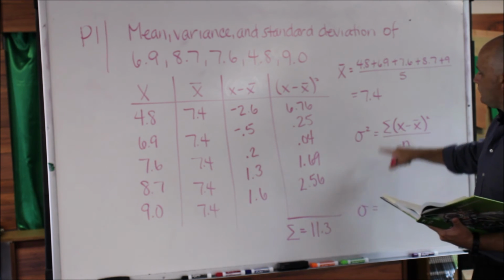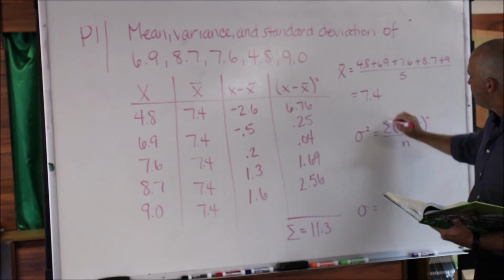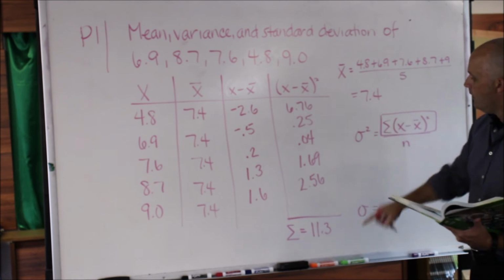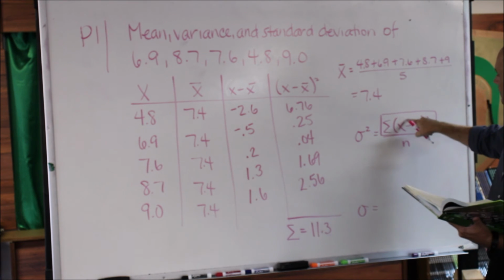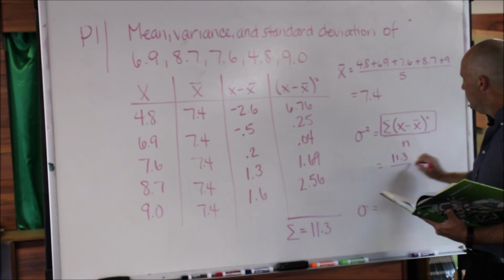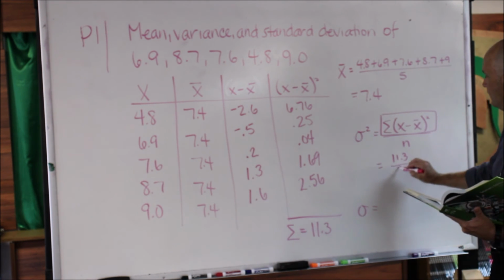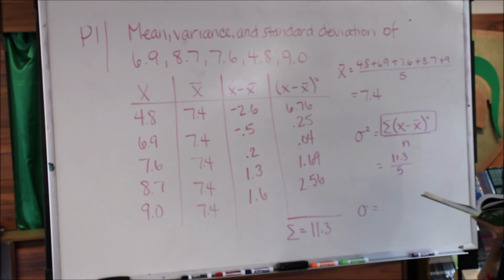We now have enough information to come over here and figure out what our variance is going to be. The sum of all this, that's this top line right here, that's the numerator. So once we get this value, we're just going to replace the numerator with 11.3, and then our total number of values again was 5. So we get 11.3 over 5, which is 2.26.